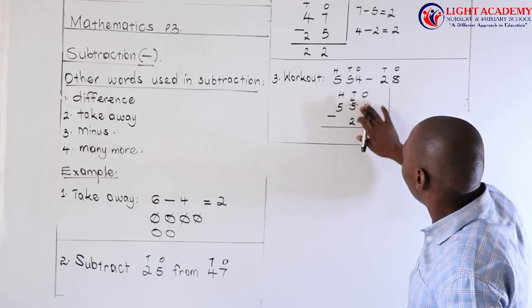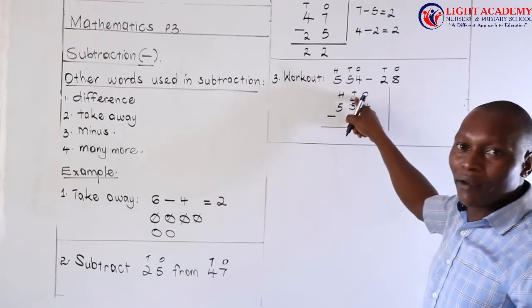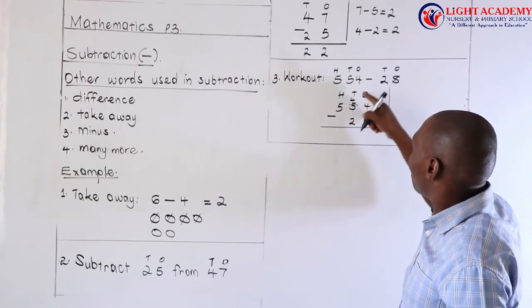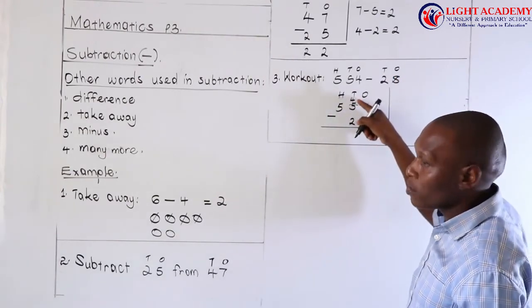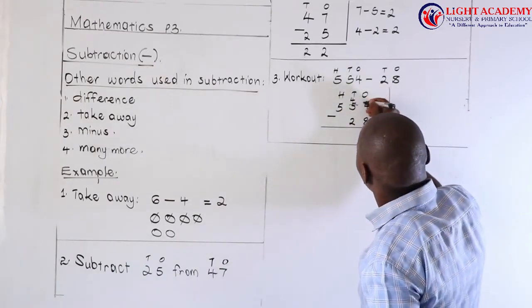Okay? So I've said, go to the tens place value, just borrow one bundle of the tens. When you borrow one bundle of the tens from 5, I'm left with the 4 tens. So the one bundle of the tens, I can bring it here. Okay?